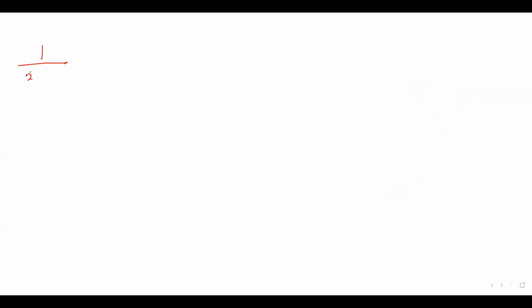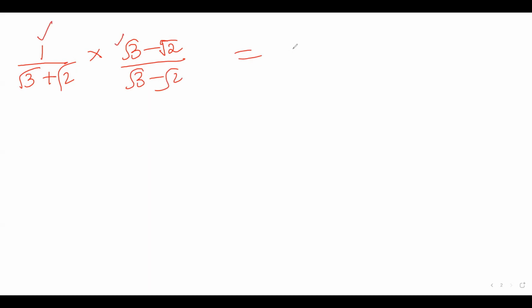1 by √3 plus √2. The rationalizing factor is √3 minus √2. We have to multiply and divide. Numerator into numerator, 1 into √3 minus √2 is √3 minus √2 only.